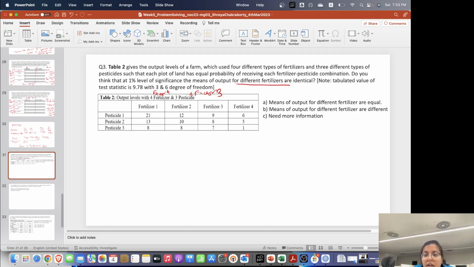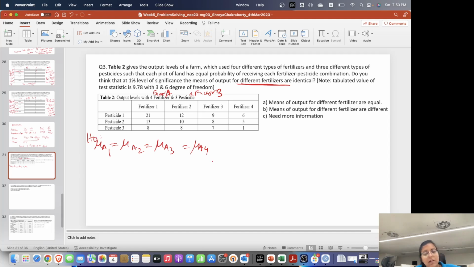Okay. So here they are asking only about fertilizers. So let's say mu A is about fertilizers. They are trying to find out if mu A1, mu A2, mu A3 equal mu A4. A is my fertilizer. This is the hypothesis that they are going to test.